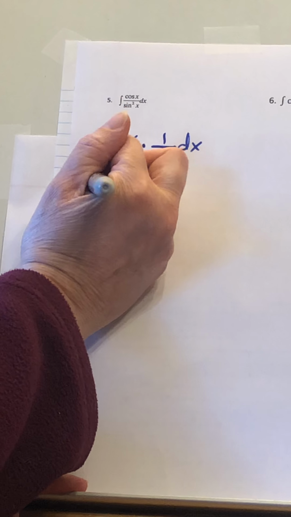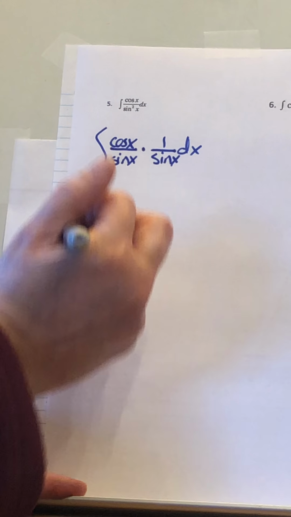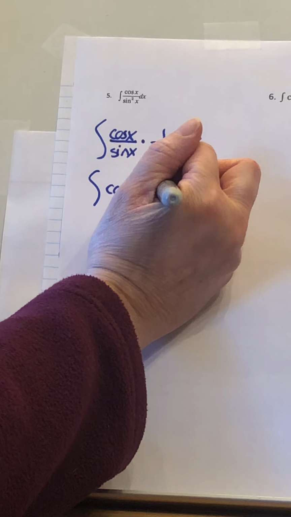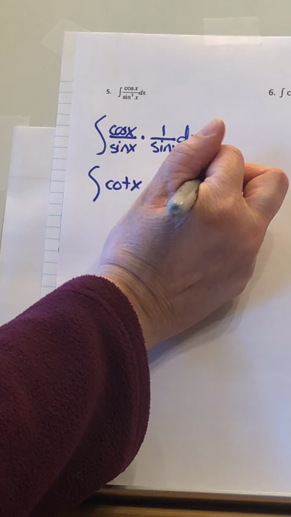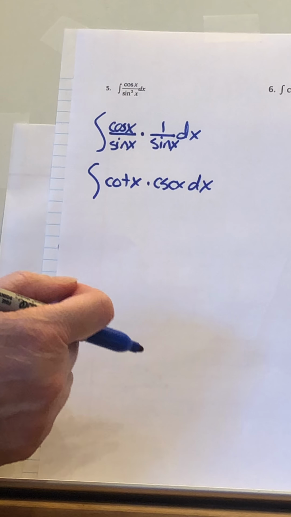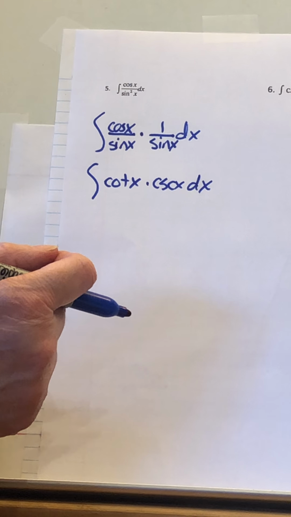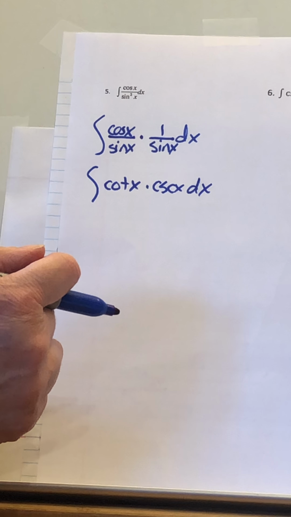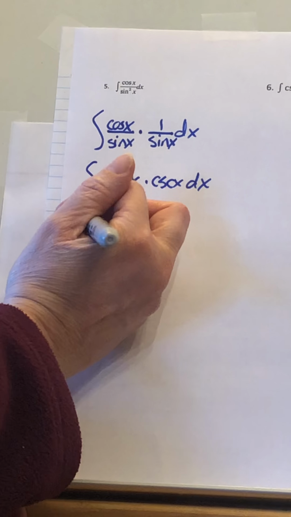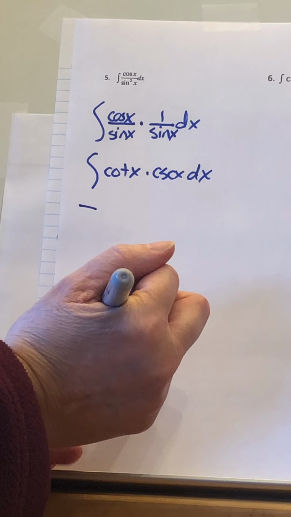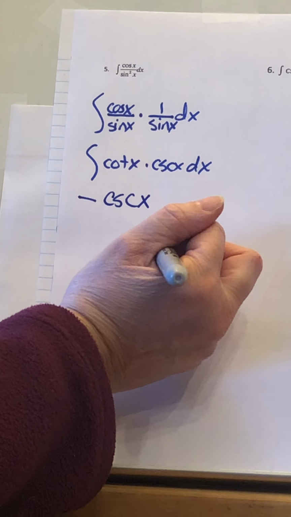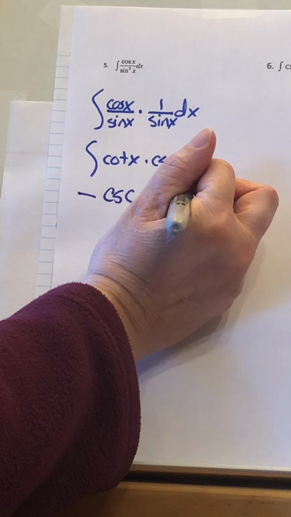Now when I look at that, cosine over sine is cotangent of x, 1 over sine is cosecant of x, and then dx. Now I'm looking at my list of derivatives, and those two trig functions are on there, being multiplied together. It's missing its negative sign, so I'm going to put in the negative sign, and it's negative cosecant of x, working backwards, plus c.